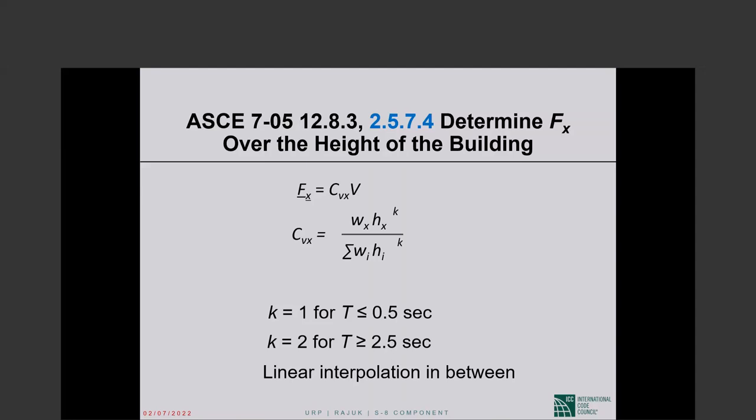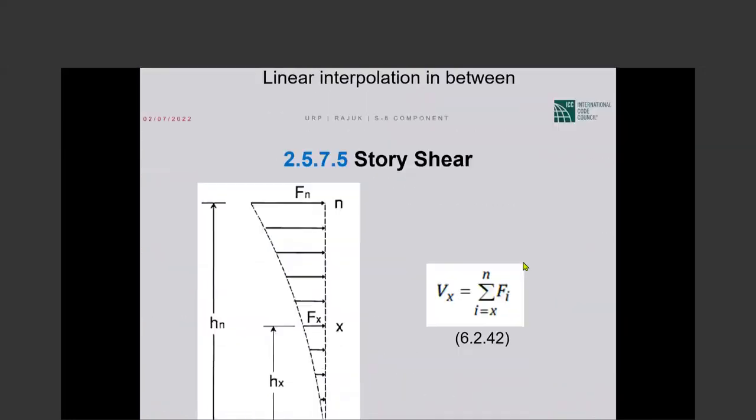So at this day and age, the interpolation between 1 and 2, K value of something like 1.37 should not be a problem for anybody. So I would suggest that you do that. If you have a period of, I don't know, 1.2 second, you interpolate between K of 1 and K of 2, and whatever your K value is, 1.37, you put that into that equation and do your distribution.